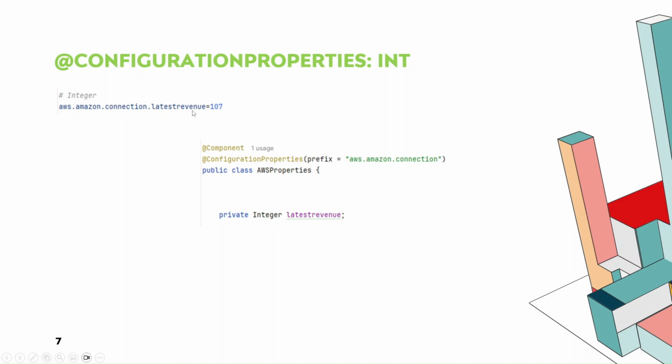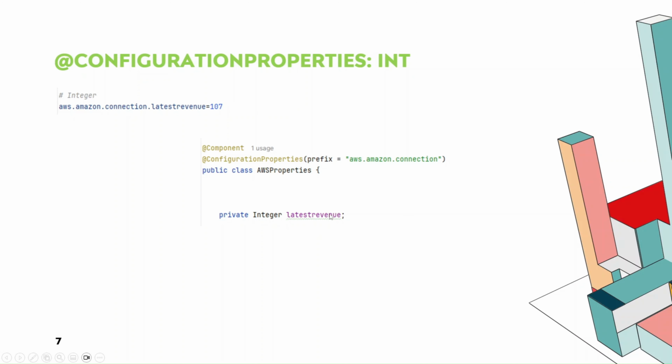Suffix is same, prefix I put here with the help of configuration properties in a class. This class I annotated with component. So whenever Spring Boot starts the application, it will load all the components. It will load this component also, and it will try to read this particular key value, so that the integer will have 107.